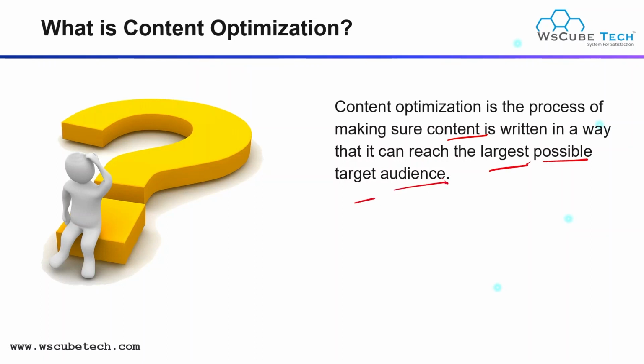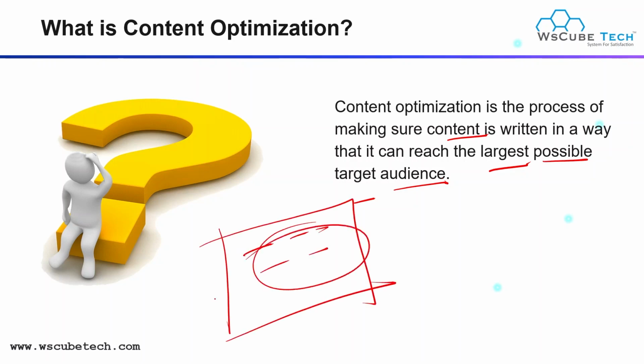What it means is that this is your website, and whatever the content on your website, your target is that you want this content to reach your largest possible targeted audience. So for this, we put our SEO efforts into it, and now we learn how we can optimize our content.